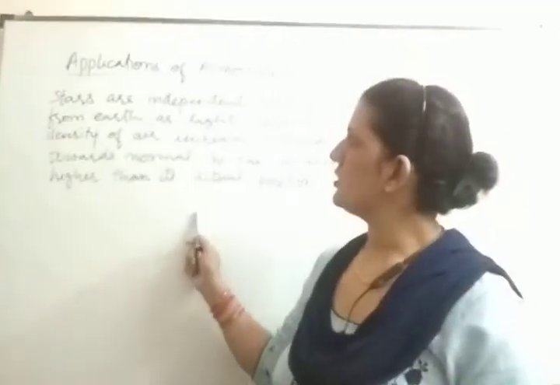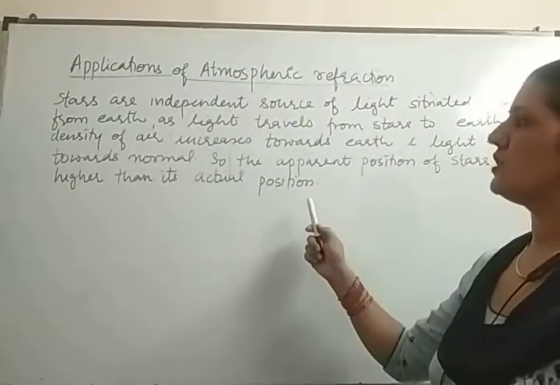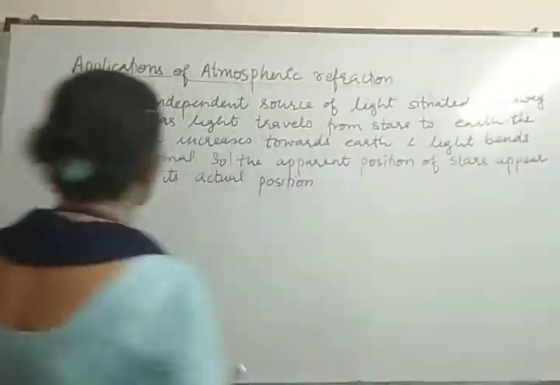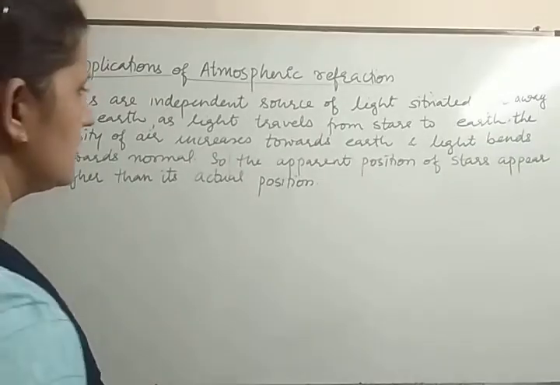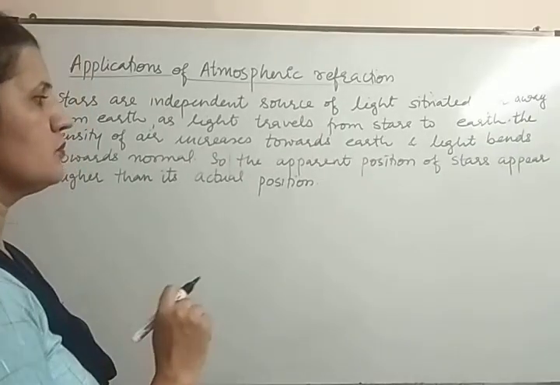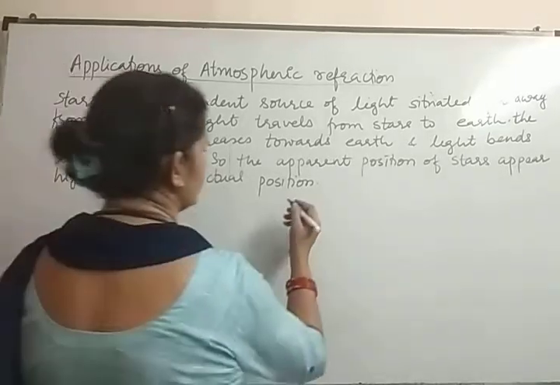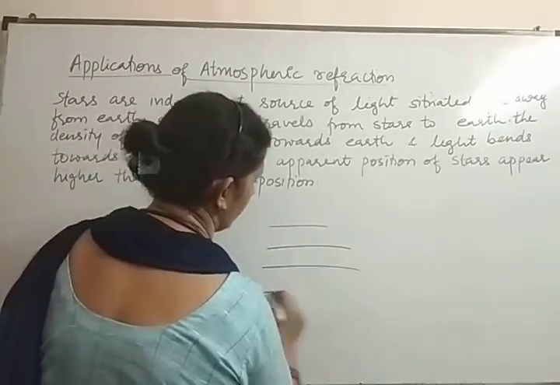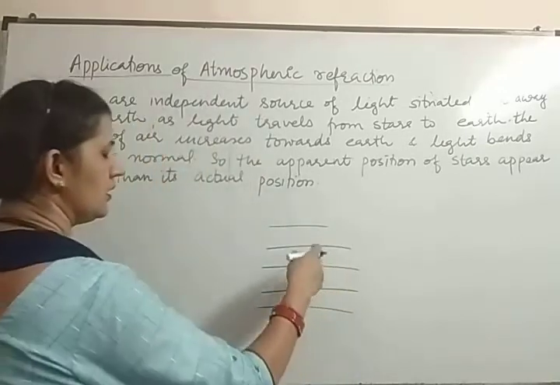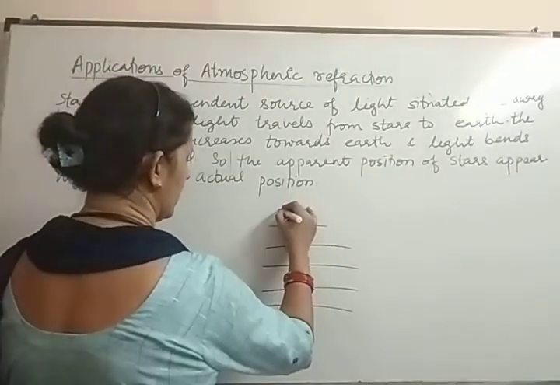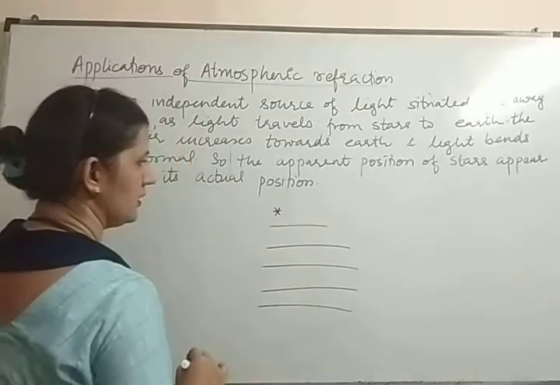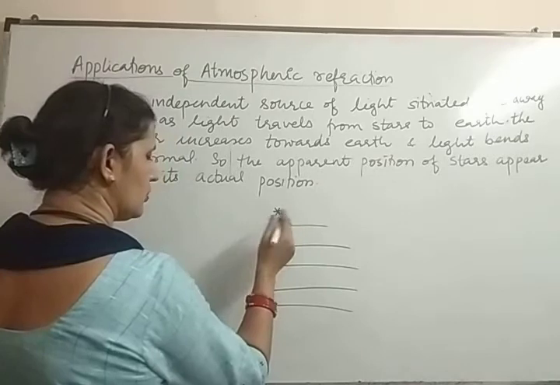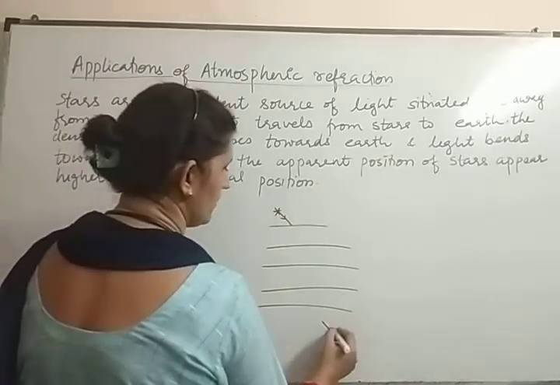The first application is why the stars appear higher than they actually are. What is the cause behind this? I told you, in atmospheric refraction there are different layers like this, and we assume that many more different layers are there, and the star is here. When the light from the star is traveling towards the earth, here is the observer.